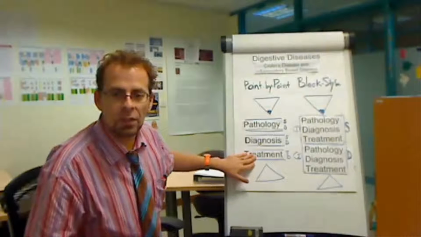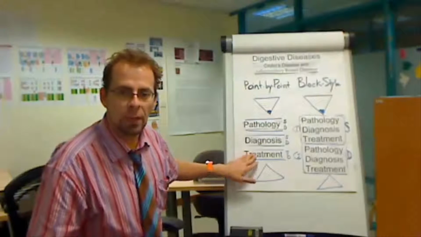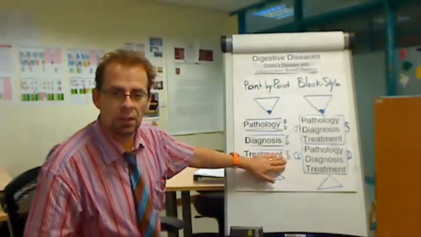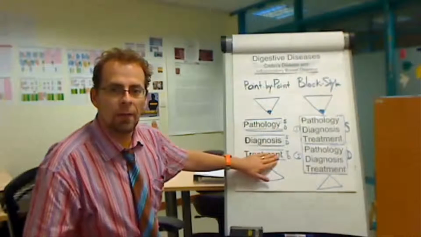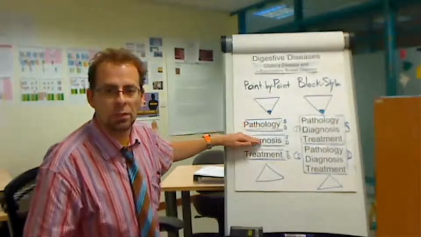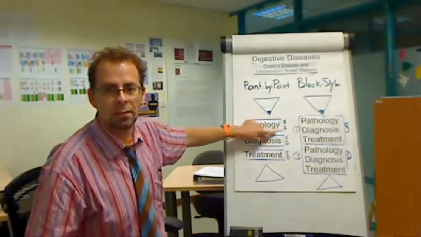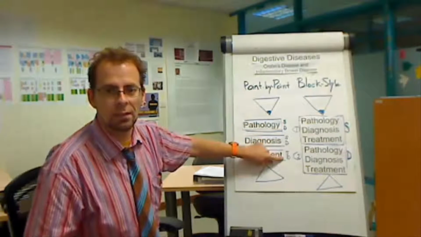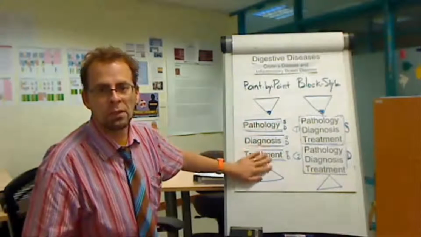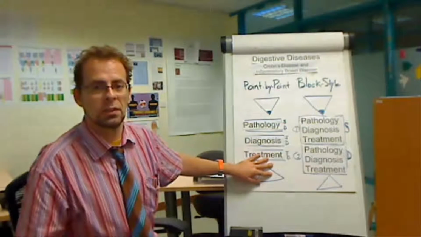Third paragraph, we're looking at the treatment of Crohn's disease and inflammatory bowel disease, and we're looking at similarities and differences in that paragraph, right? And it's arranged point by point here. In each point, you're looking at both similarity and difference. That's point-by-point arrangement for a compare and contrast essay.